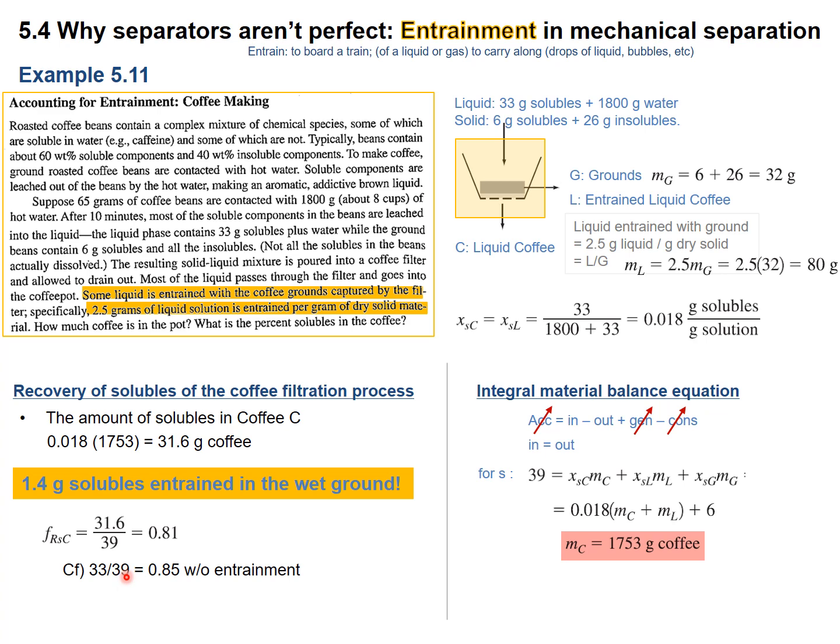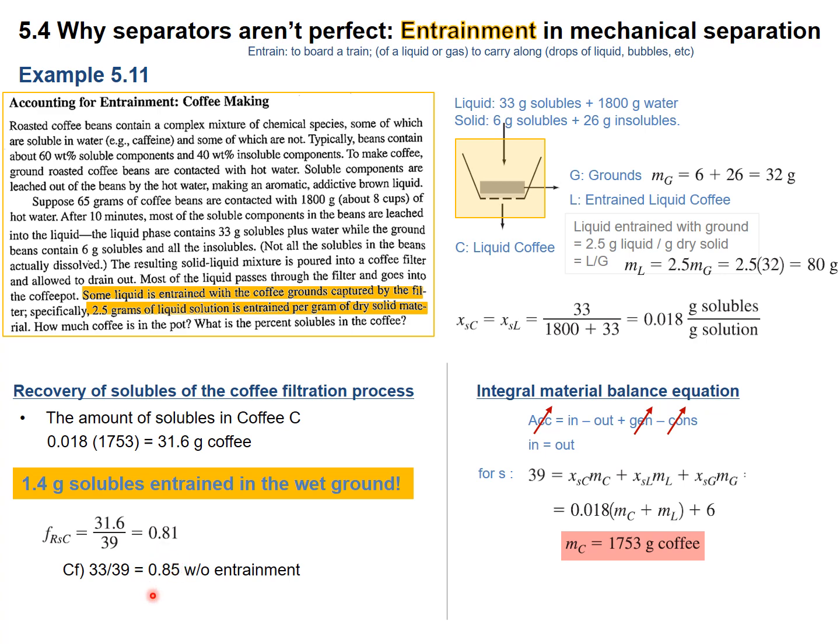How about the solubles in coffee stream C? Without entrainment, we should have 33 gram solubles in the C. So, if you don't have any entrained coffee liquid over the coffee membrane, then 85% recovery was obtained.